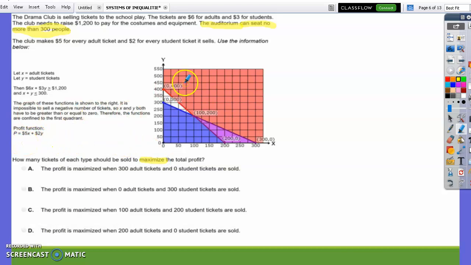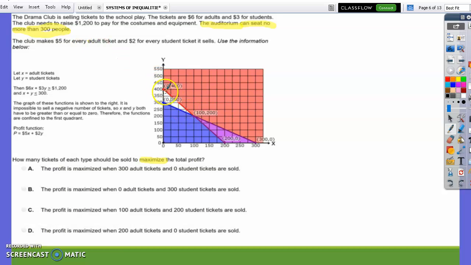All right. So the graph gives us several different points. The takeaway here is you want the sum of the two sets of tickets, your X value and your Y value, to equal 300, because 300 is the total amount of tickets that you could sell based on the seating that's available.